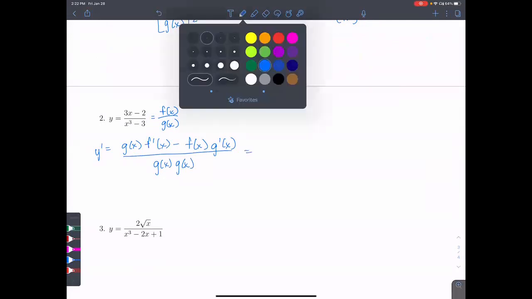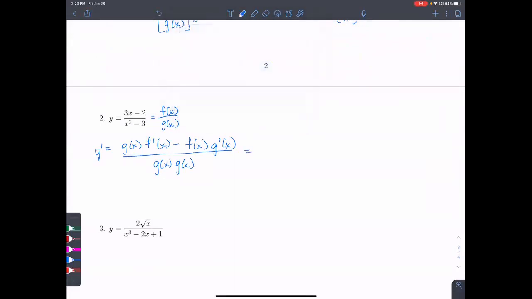And so we have g, which is x cubed minus 3, times the derivative of the top, which would just be 3. The derivative of this is a 1, exponent down front decreased by 1. The derivative of a constant is 0.